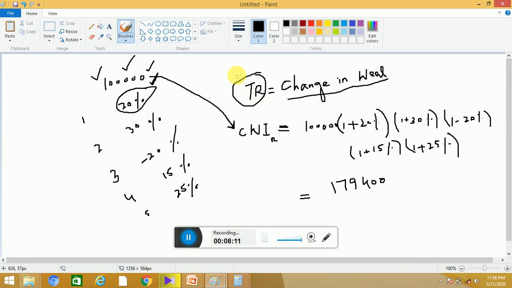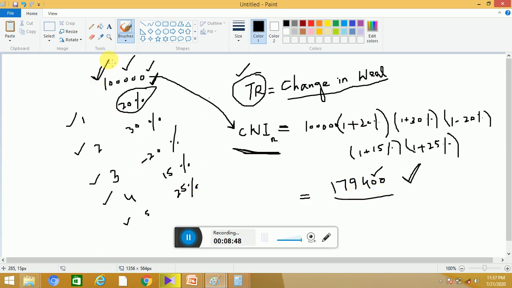Now see, total return is not telling us this wealth, what our initial investment becomes, but the cumulative wealth index is telling us about our wealth after n periods of time. There are 5 years, and after 5 years our wealth becomes 179,400.